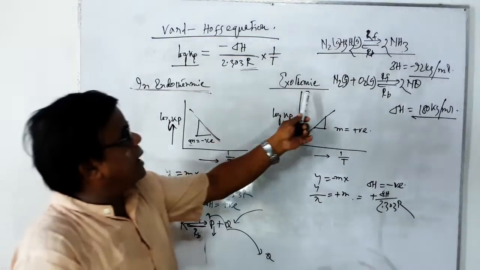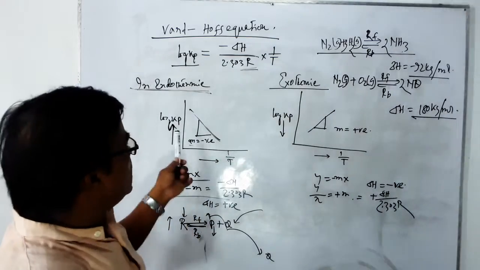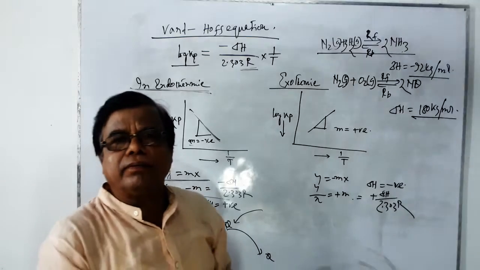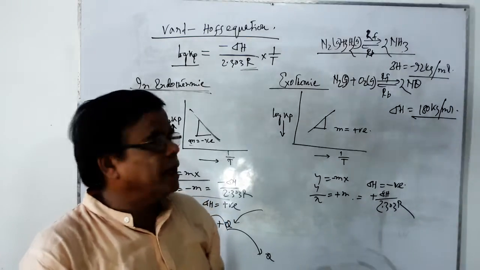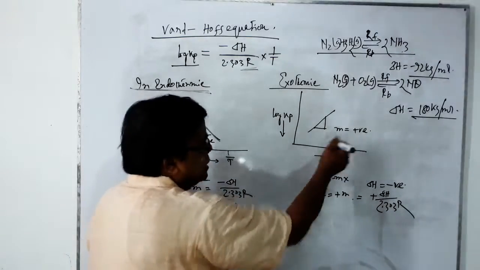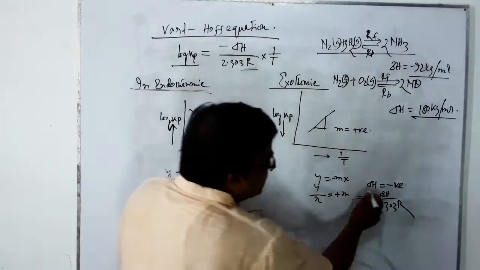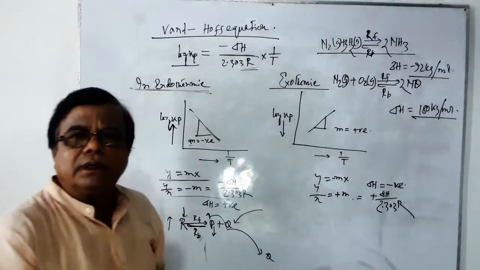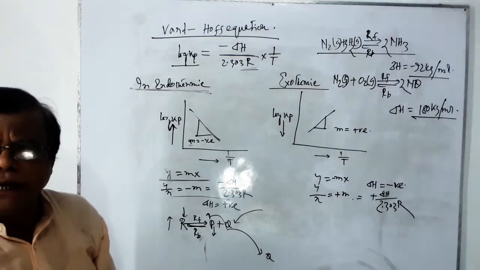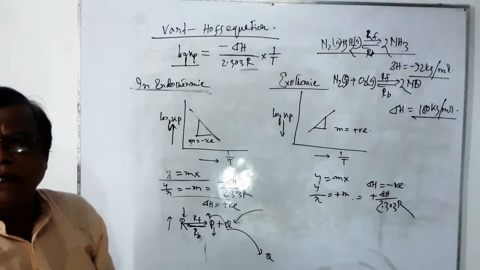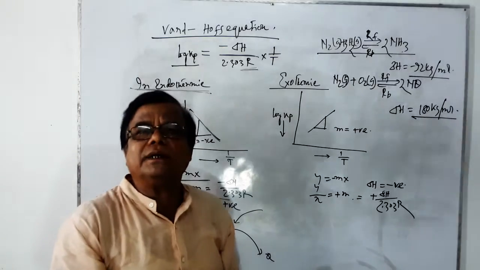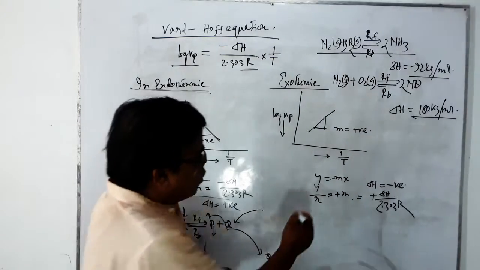And in the case of an exothermic reaction, the graph is reversed, so the slope is positive because here ΔH is negative, the change of enthalpy is negative.